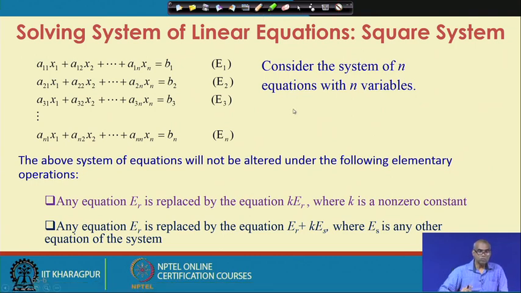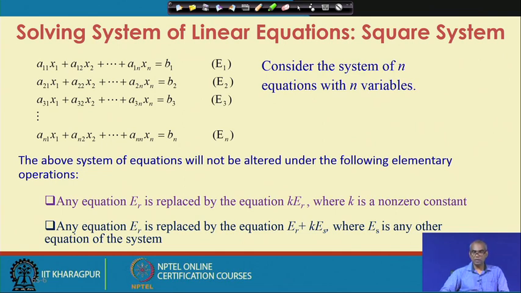So, these two elementary operations can be performed on the set of linear equations without altering the solutions. First one: any equation can be replaced by a multiple of that equation.